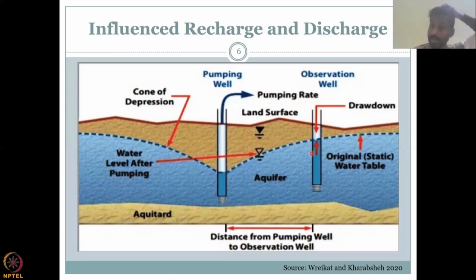Initially, you would have seen a high water level, a good recharge, and you say, oh, I'm happy, my wells are recharging even though there's no rainfall. But you have to be aware that this is happening because somewhere else water is being pumped. Sooner or later, if the pumping doesn't stop, your water level will plummet.